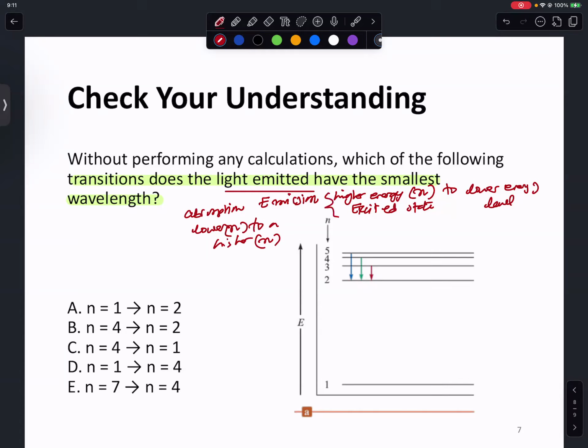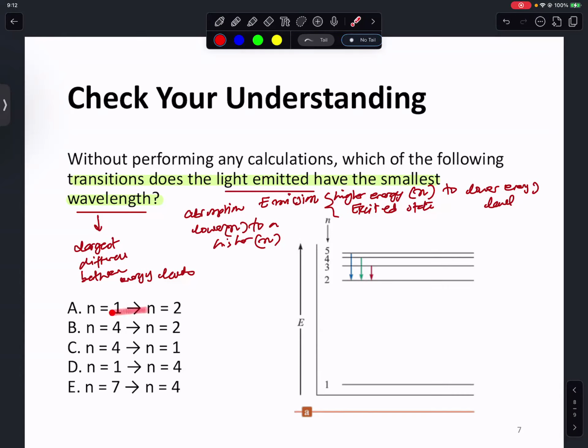And then the smallest wavelength corresponds to the largest difference between energy levels. Okay, so let's look right here. First of all, let's go through a process of elimination.